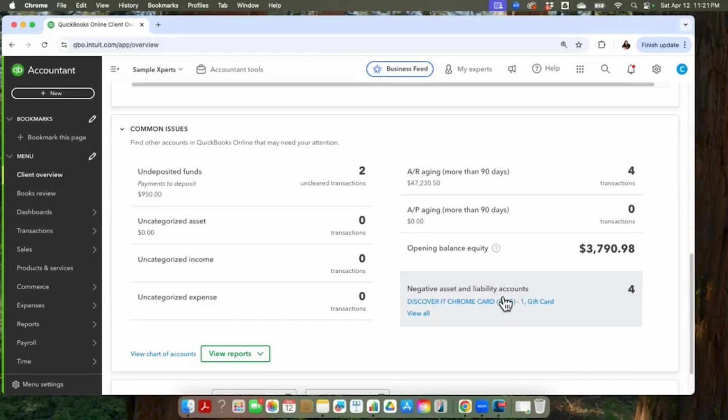If it is a bank account, for instance, which happens more often than not, it means that you have more bills than payments, and maybe you're duplicating your payments, and that's something to look at. I have a client that actually had a lot of bills that didn't clear until the following month.